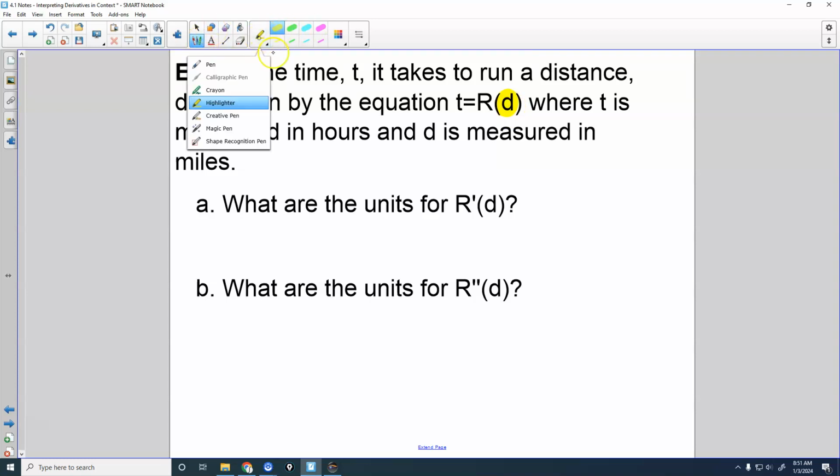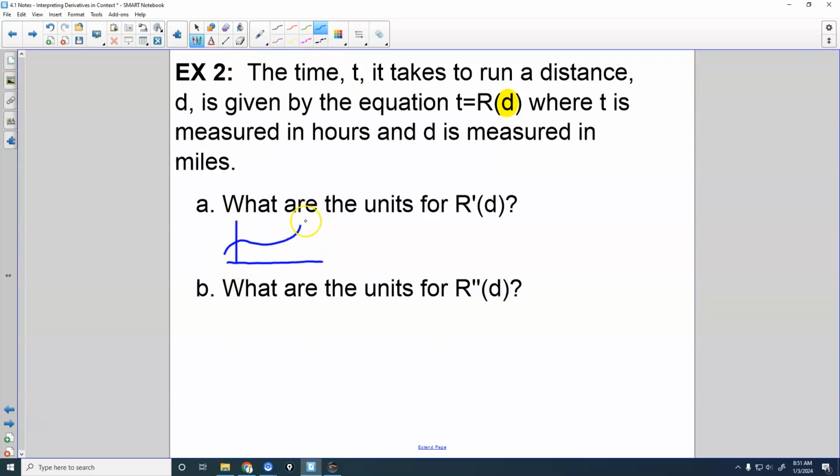So that means that on our graph, if we have whatever that graph looks like of R of d, this is your d axis here, and this is R of d. And d is distance, and d is measured in miles.